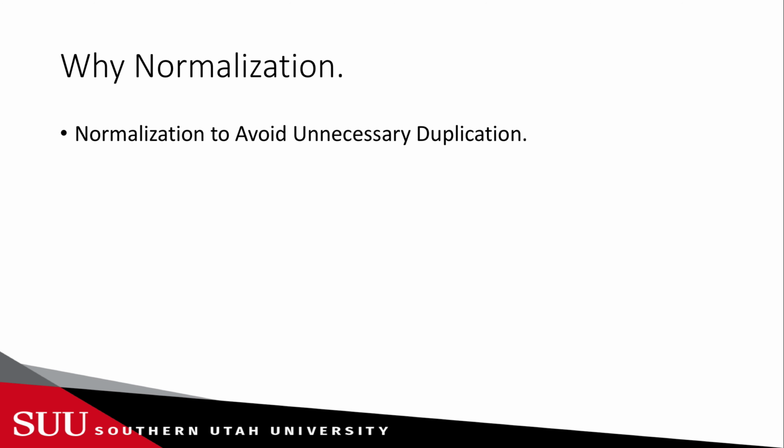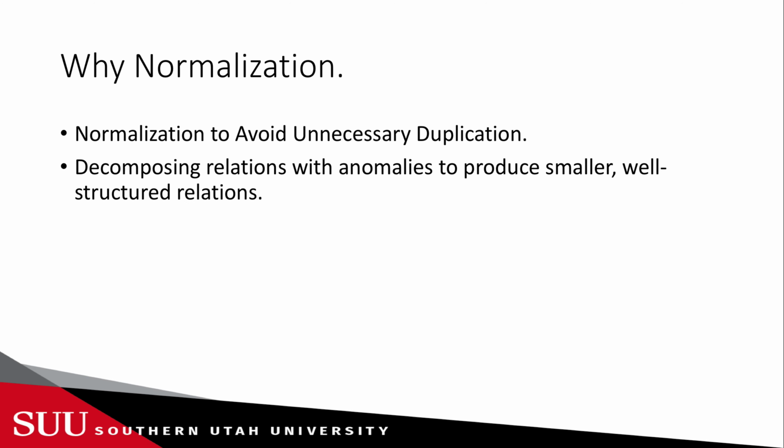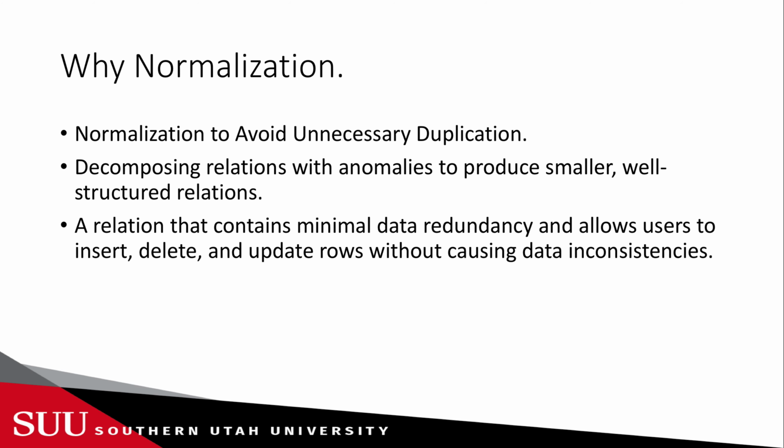So we will do normalization to avoid unnecessary duplication. We will be decomposing relations with anomalies to produce smaller, well-structured relations or tables. A relation that contains minimal data redundancy and allows users to insert, delete, and update rows without causing data inconsistencies is our goal.